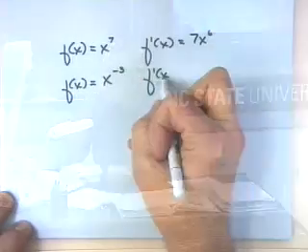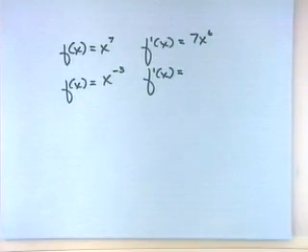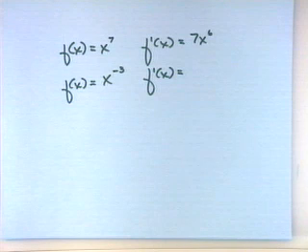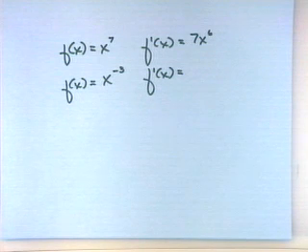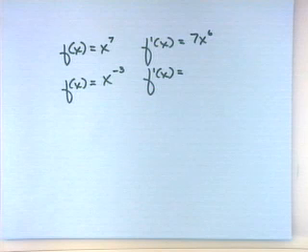How about f of x is x to the negative third? Now, I'm kind of writing functions down somewhat gingerly still because there's still some rules that we don't have. We're going to get them. What should this be? Shortcut. Negative 3, x to the negative 4th.